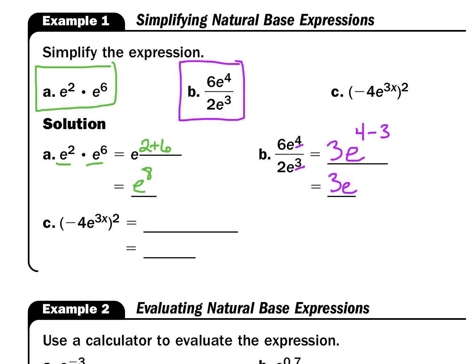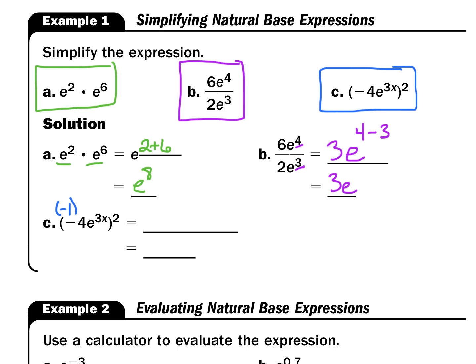And then the last thing, we have a power of a power. So negative 4e to the 3x, all squared. So we have to take into consideration all of the portions that we have here. We basically have a negative 1 in front of the 4.